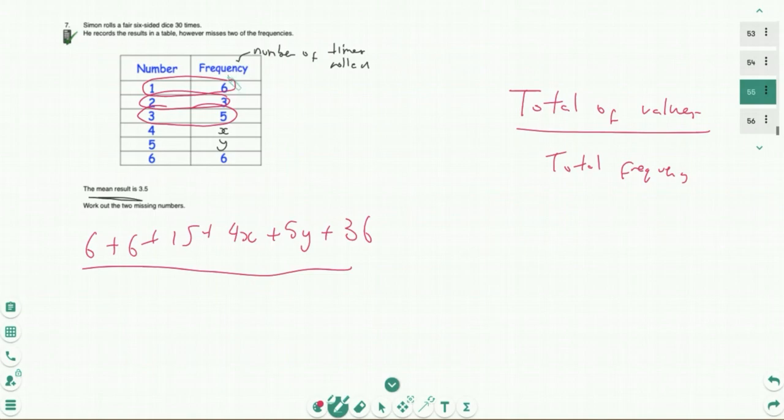We could add up all these values, but actually we know that there are 30 rolls in total, all right? And this gives me a mean of 3.5. So that's how I do it. Total of values, I multiply each row and add it all together, divided by 30 rolls in total, it gives me a mean of 3.5.